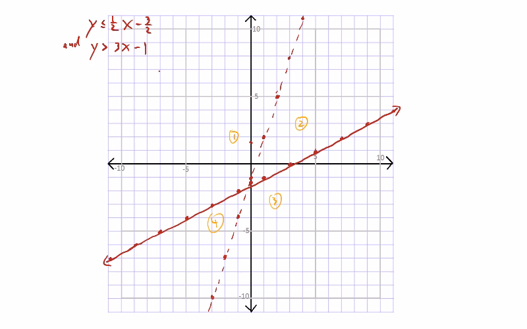The fastest way to do this is to consider that in the form it's in, the y values for the first one need to be below the line because of the less than. In the second equation, y is greater than 3x minus 1, so we need to be above the second line. So we're looking for the region that is below the first line and above the second line.